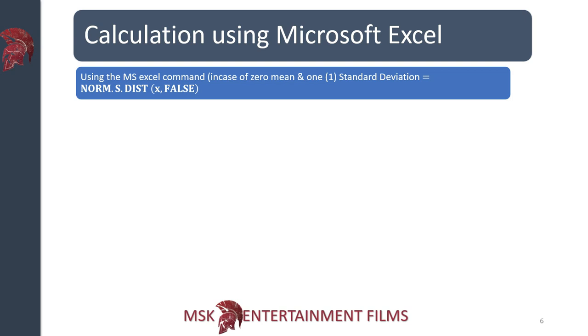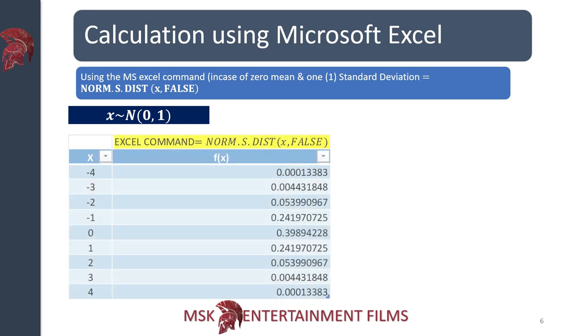For x, we write the value of x, then select false and close the bracket. This is the function form of the distribution. So x is normally distributed with 0 mean and 1 variance. To convert the variance 1 into standard deviation, we take its square root.